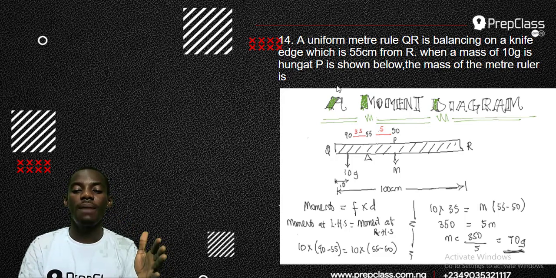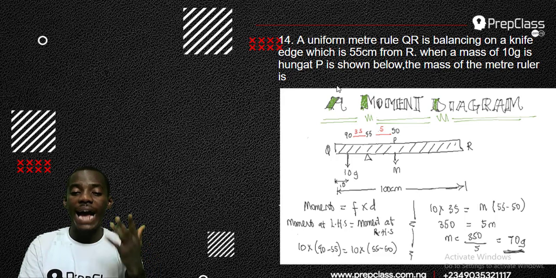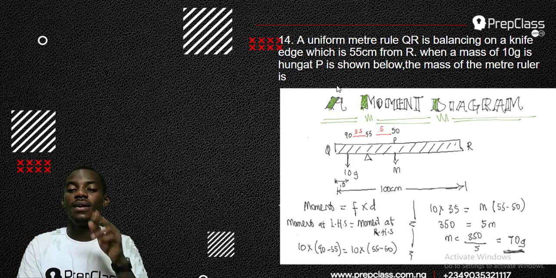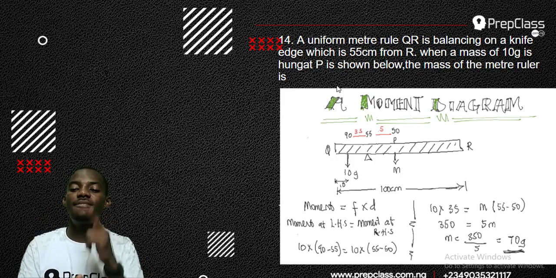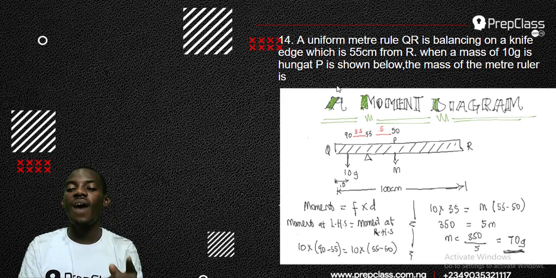At the left hand side, that's the mass 10 times the distance 35, that's 90 minus 55, equals the moment at the right hand side, that's m times the distance 5, that's 55 minus 50. So 10 times 35 equals the mass I'm looking for times the distance. That gives us 350 equals 5m.